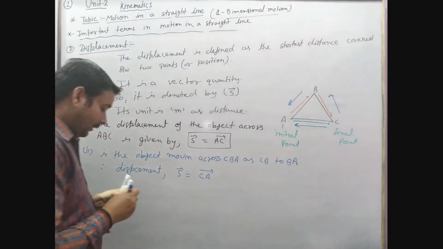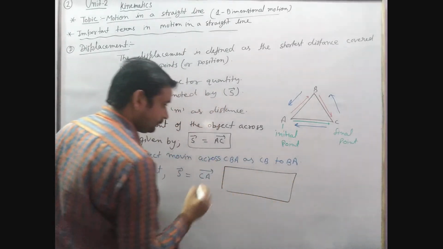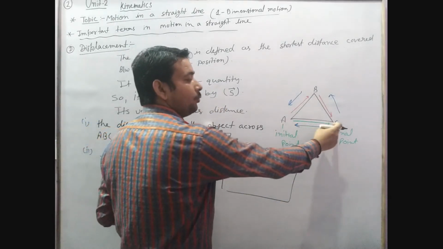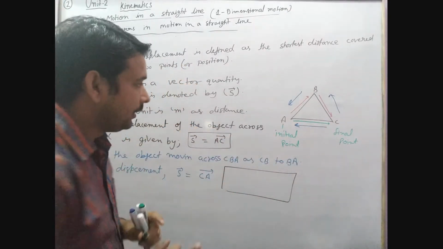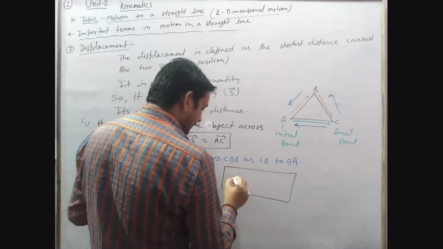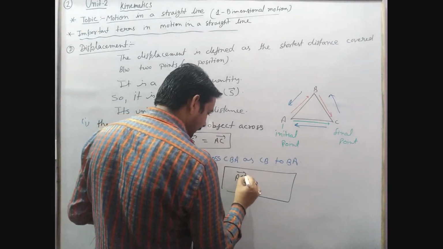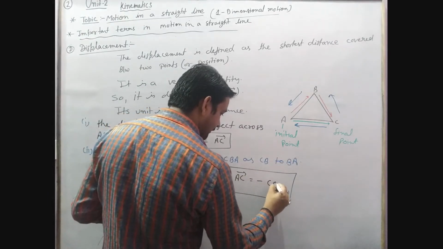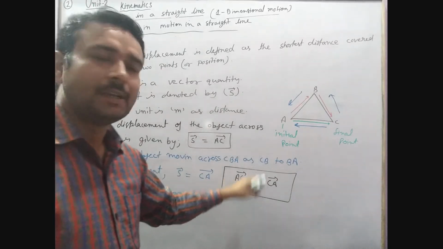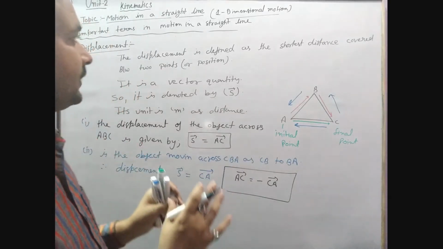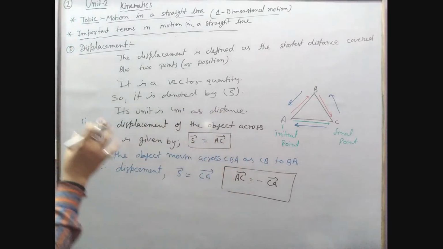Here a remarkable point is that the distance from A to C or C to A is equal but opposite in direction. Therefore, we can say that AC is equal to minus CA. This is the important point. We discuss it when discussing vector and scalar quantities.